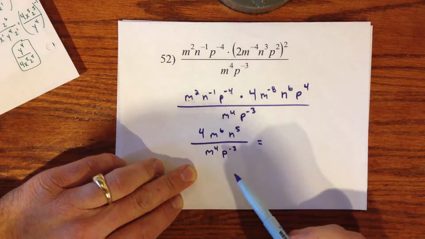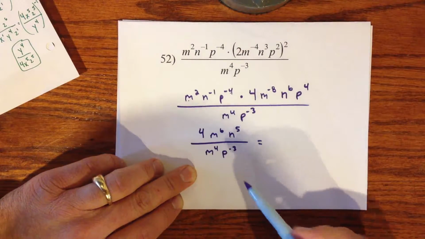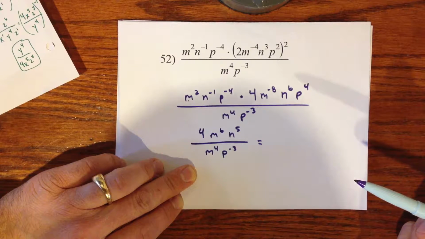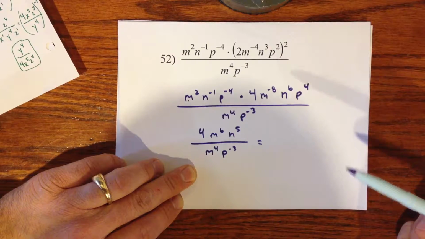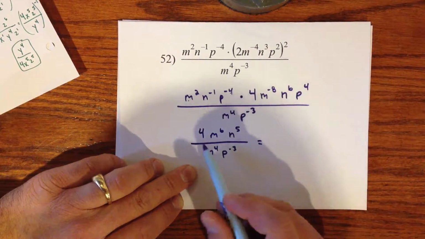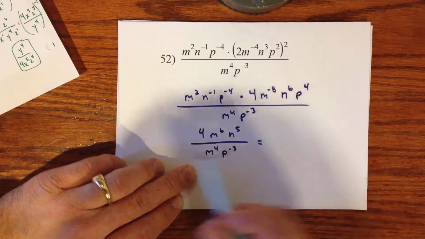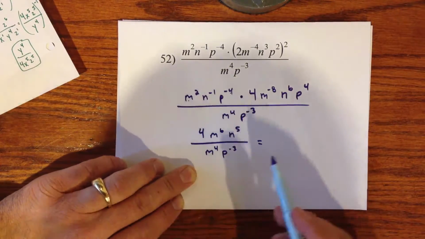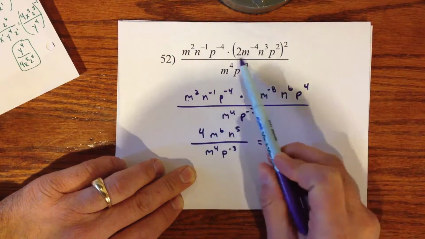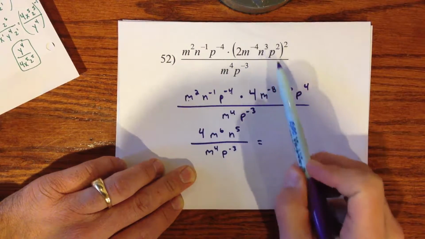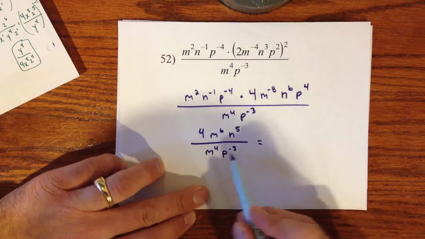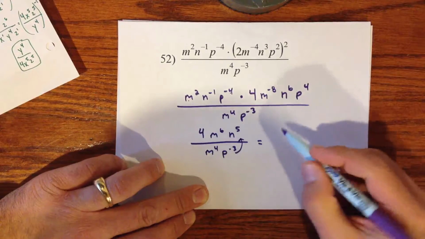Alright, from there, all I have to do is, I see a discrepancy on my answer key, so I just want to make sure I'm right. Let's make sure. So I squared that, m to the 4th. Now all I have to do is bring that up to make it positive.